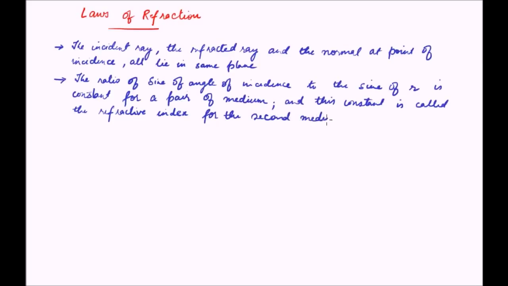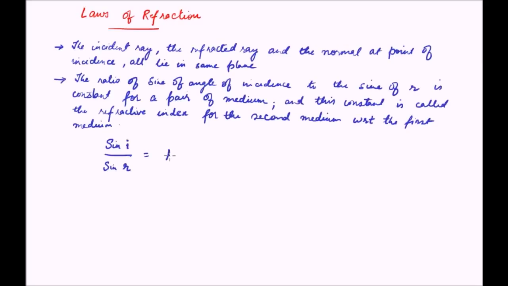So this can be mathematically stated as sine of angle of incidence upon sine of angle of refraction is equal to the refractive index, which is denoted by the Greek letter mu. Since we have two media, 1 and 2, this is the refractive index of second with respect to first, so we denote it as mu 1 2.